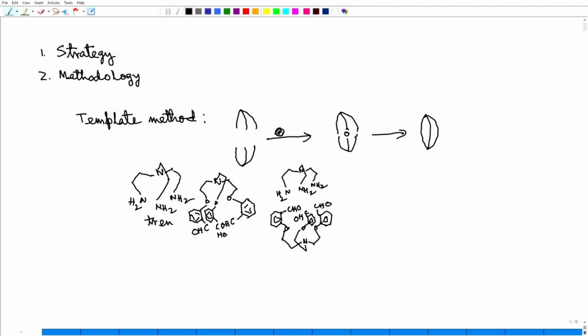And then amine and aldehyde will combine to form a Schiff base.